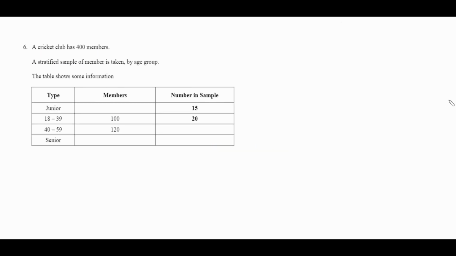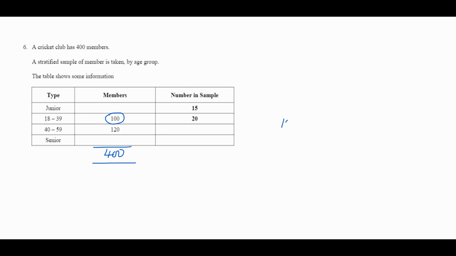Question number 6. A cricket club has 400 members. So here is the 400 members. A stratified sample of the members is taken by age group. The table shows some information. So basically they ask you to complete the table. So here 100 students, right?